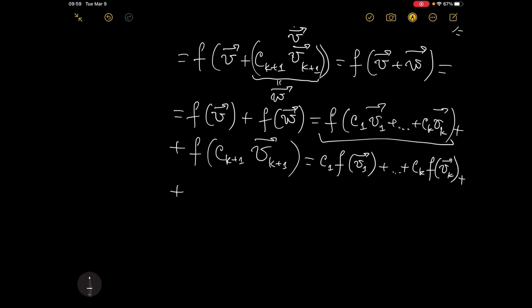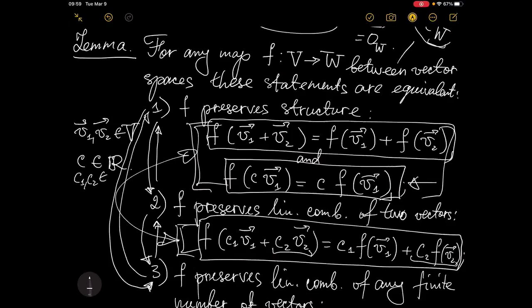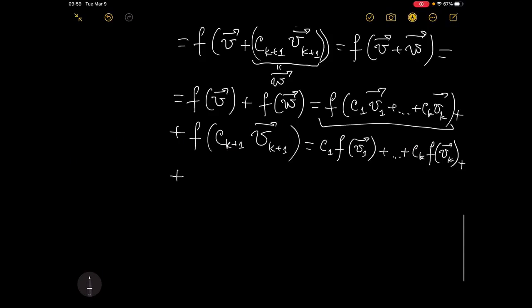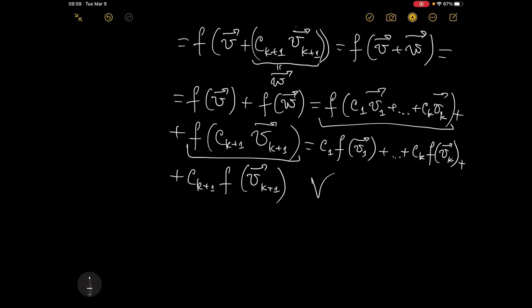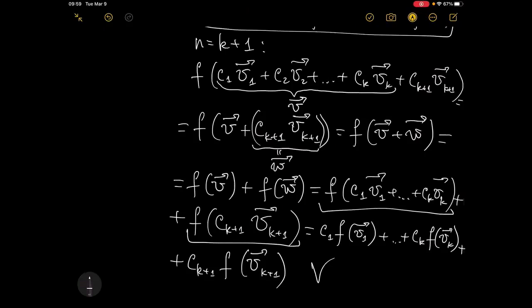But then, because we are starting from 1, I can use the second condition here, and it would give me ck plus 1 f of vk plus 1, right? But then I got exactly that it works for n equal to k plus 1, right? Is it clear or not?